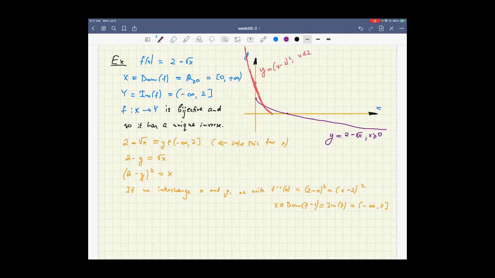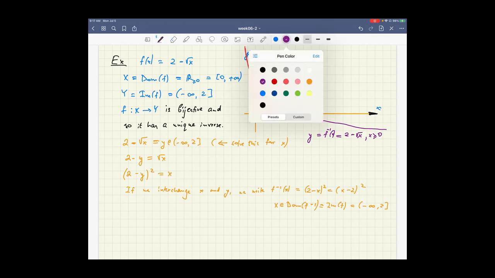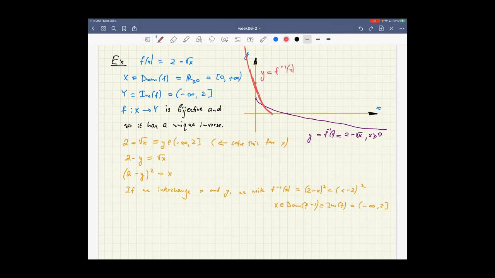So we have graphed both functions, f and its inverse. That, excuse me, was f, not f inverse.